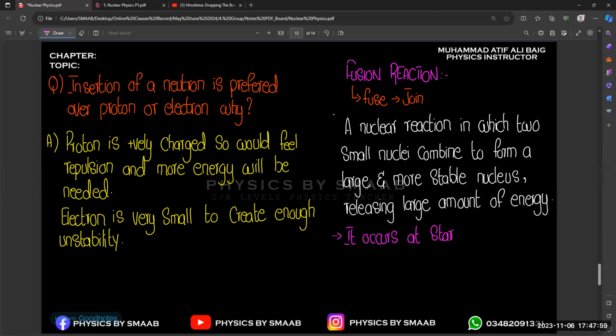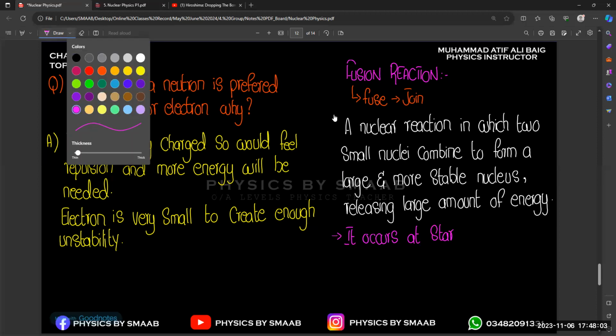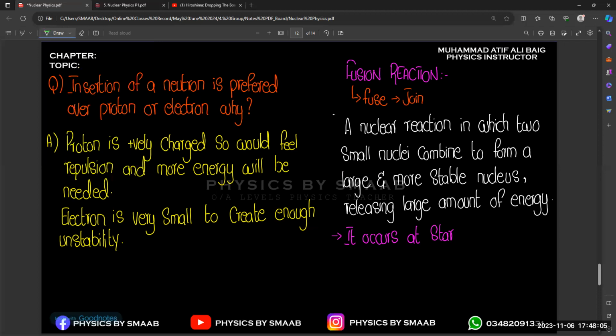And the equation for fusion reaction is very simple. Does it occur on any star or just one particular? It occurs in any type of star.